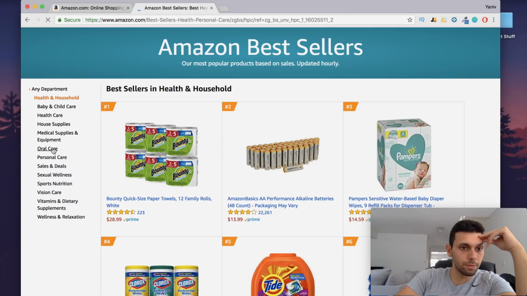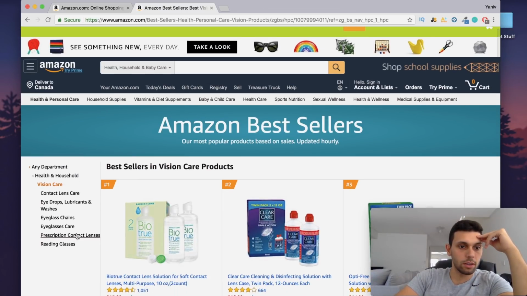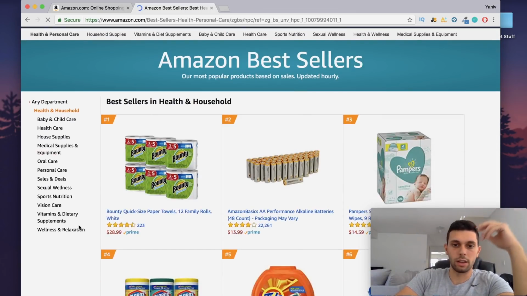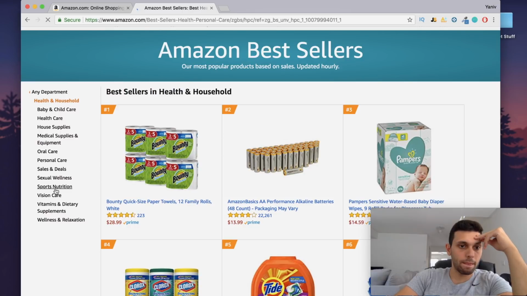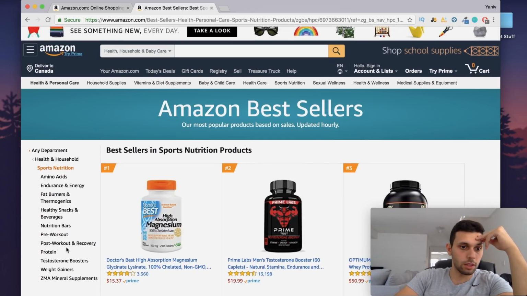Let's go to vision care. See what they have here. Contact lenses, eye drops, eyeglass chains, eyeglass care. Okay, so this is also a dead end. Sports nutrition, also going to be very competitive, but let's see. No, so these are again all competitive.